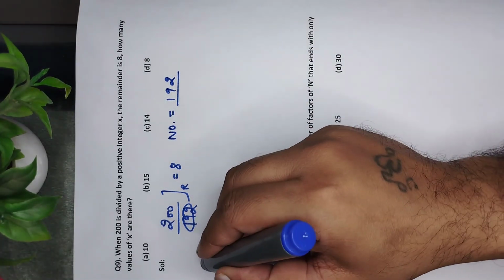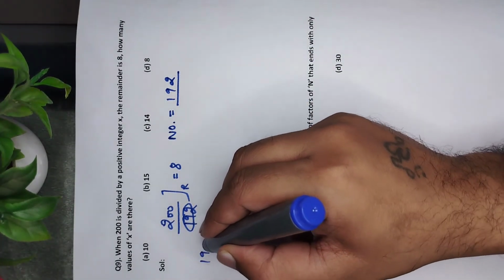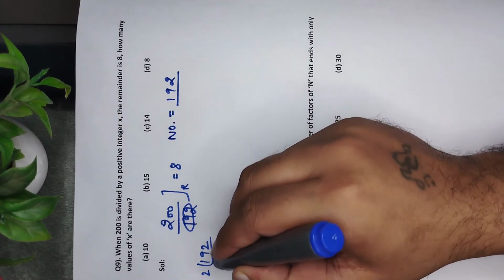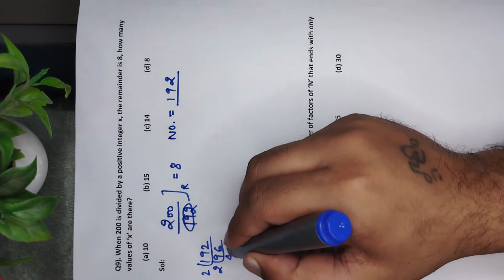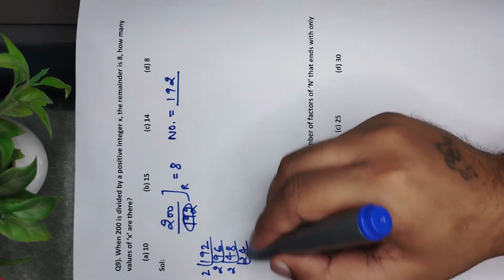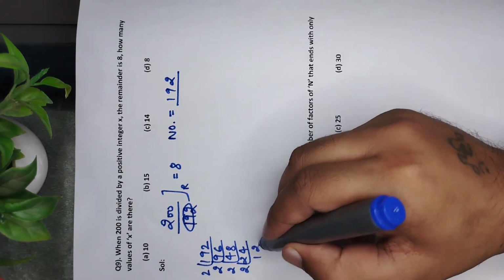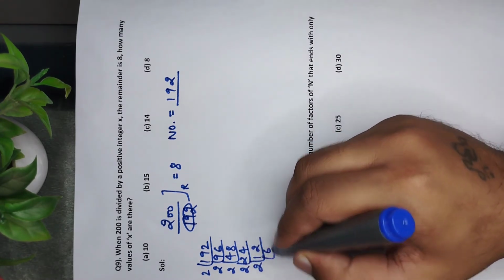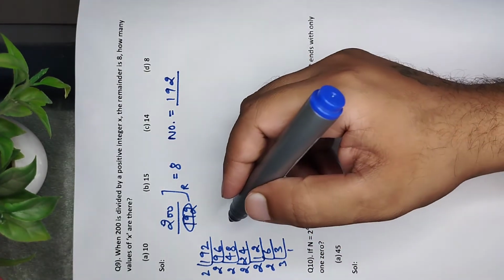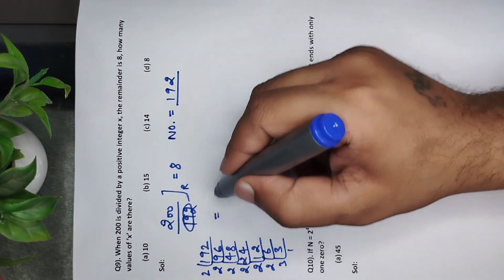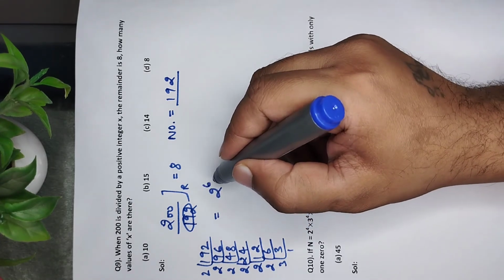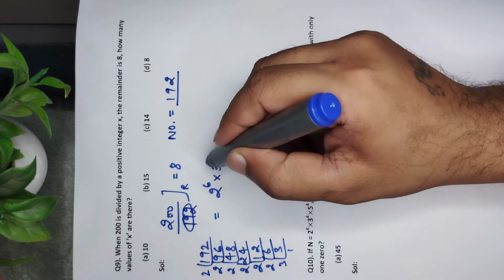Now 192 can be written as 2 raised to the power 6 multiplied by 3 raised to the power 1.